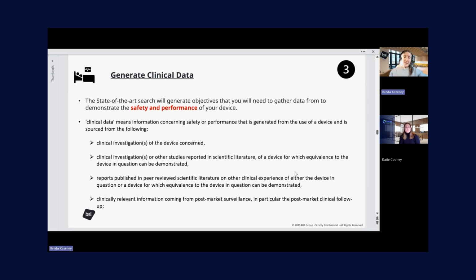So you get it from clinical investigations, clinical investigations or other studies that are reported in the literature, or for equivalence, it could be from reports published in peer-reviewed scientific literature on clinical experience of the device, or clinically relevant information that comes from your post-market surveillance, in particular post-market clinical follow-up. So that's all very straightforward.